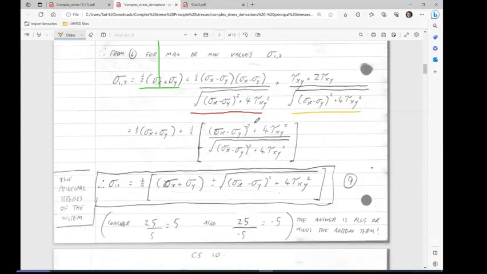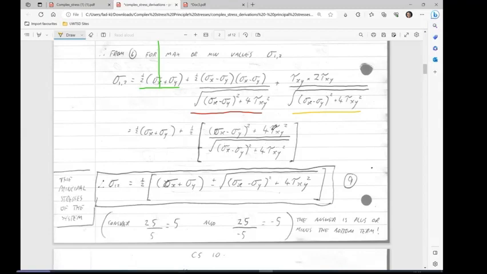The reason I put that half outside of those brackets is that now, hopefully you can see the top term is simply the square of the bottom term. We've got sigma x minus sigma y squared plus 4 tau xy squared, and on the bottom we've square rooted it, so the top is just the square of the bottom.